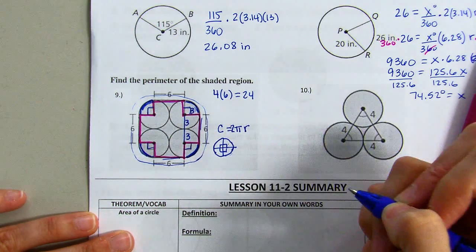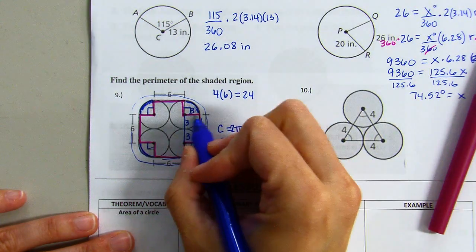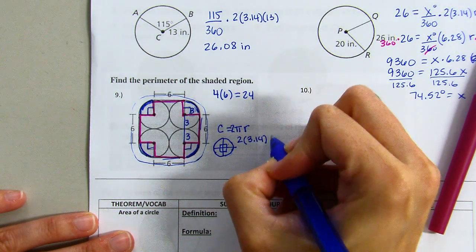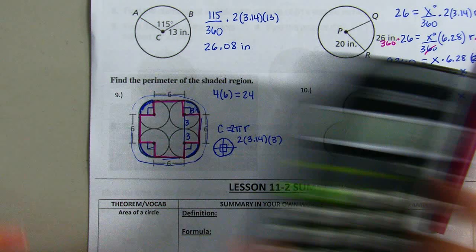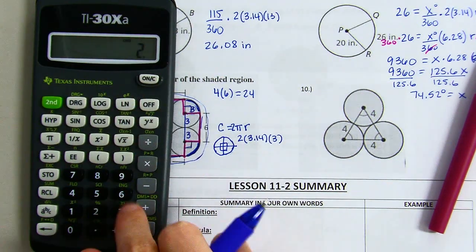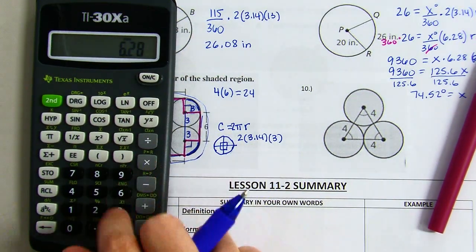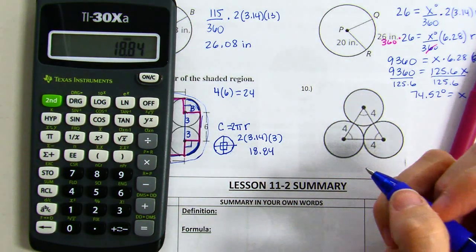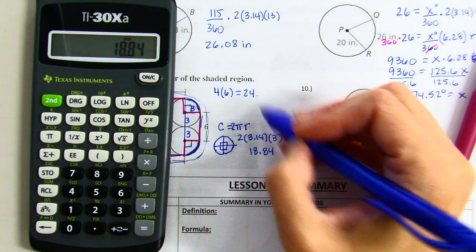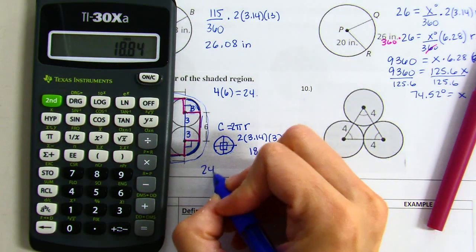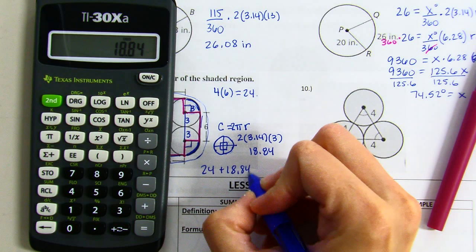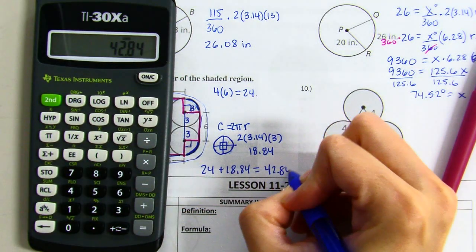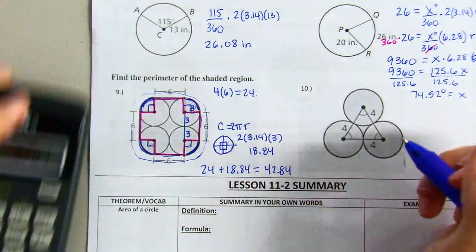So 2 pi r. My r is 3. So 2 times 3.14 times 3. So 18.84. That's the curved part. So I'm going to need to put these two together, the straight pieces plus the curved pieces, and I've got 42.84. That would be my total.